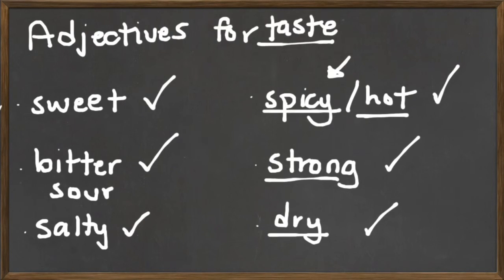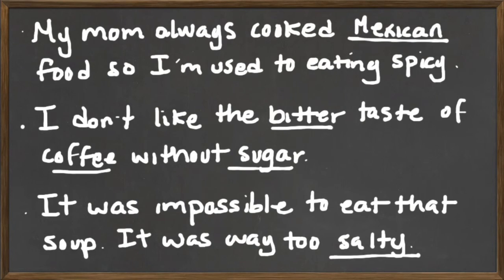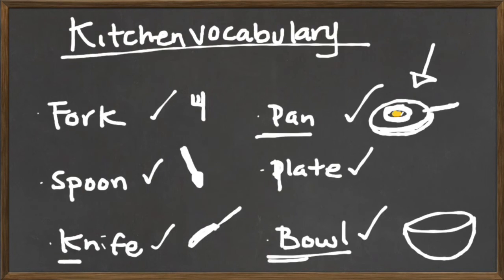Now, adjectives for taste, we have sweet, bitter or sour, salty, spicy or hot, strong and dry. However, there are more. You can ask your teacher in class whenever you need. We went over some examples here. We talked about fork, spoon, knife, pan, plate, and bowl. I hope that these drawings didn't affect your understanding, because they are not perfect at all.